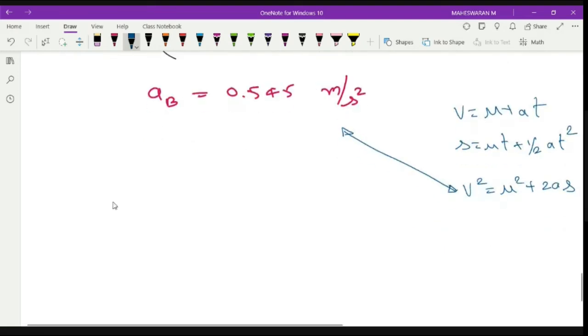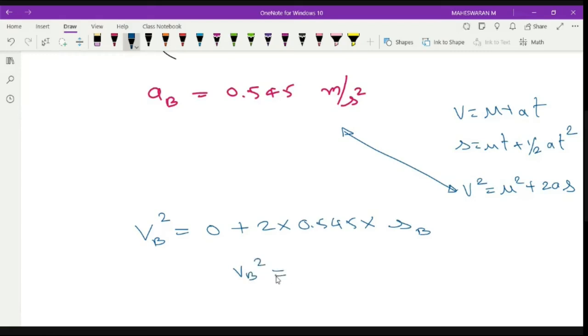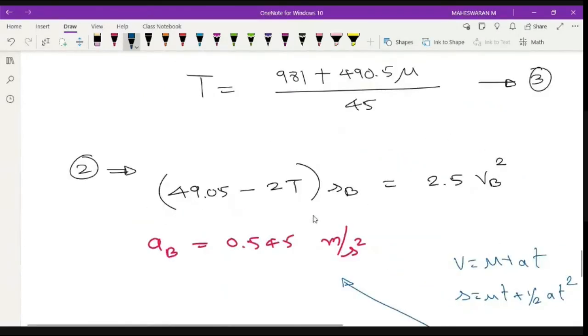The initial velocity is 0, plus 2 into acceleration 0.545 into s. This is for block B. So VB square will be equal to 1.09 SB. I got this relation. Use this relation here.